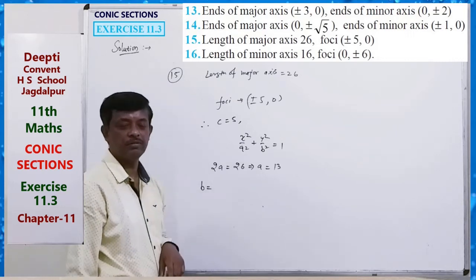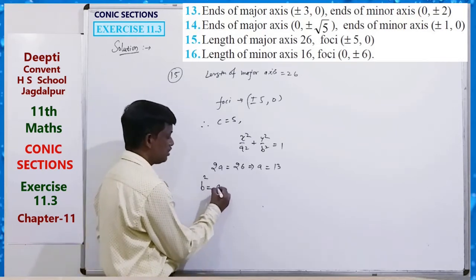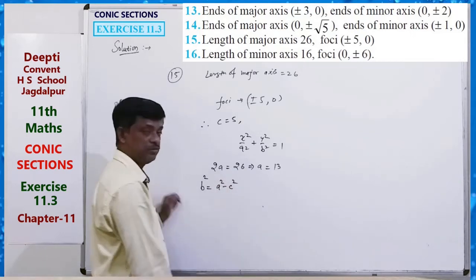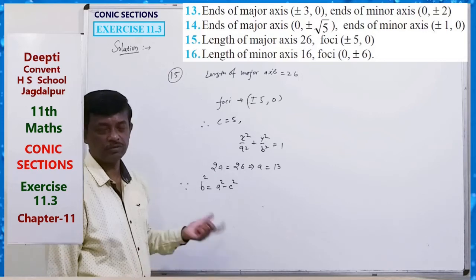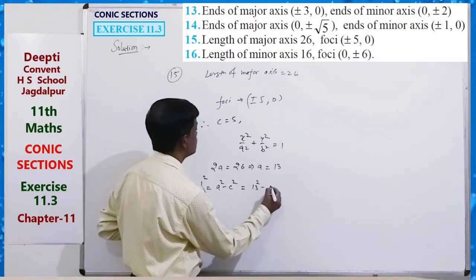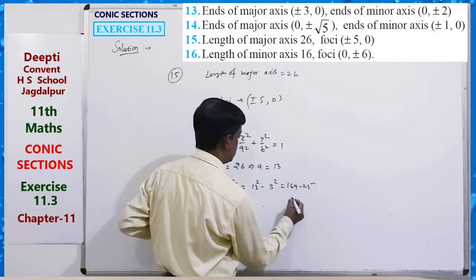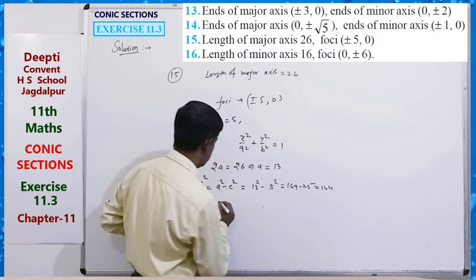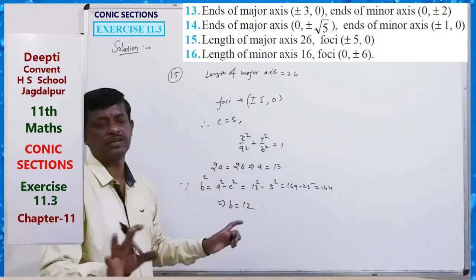We know b square equals a square minus c square. So a square means 13 square minus c square means 5 square, 169 minus 25. This is 144. This implies b equals 12. Just taking the positive sign here.